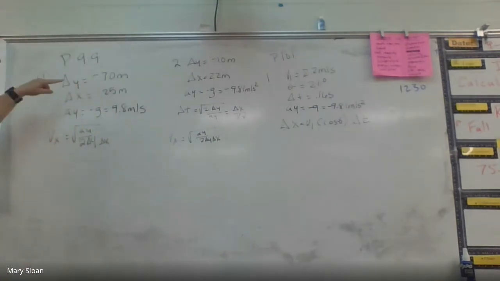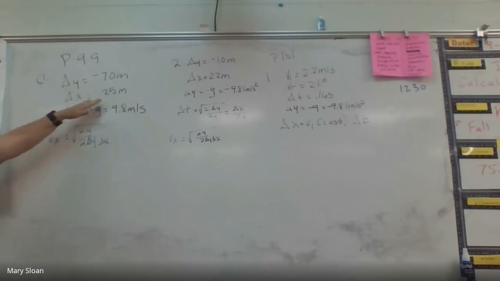Negative because it's rolling off, right? Change in x is 0.25 meters, it fell off the desk. In these type of scenarios, we always have to look at the acceleration of y. The acceleration of y would be gravity because it's falling down.